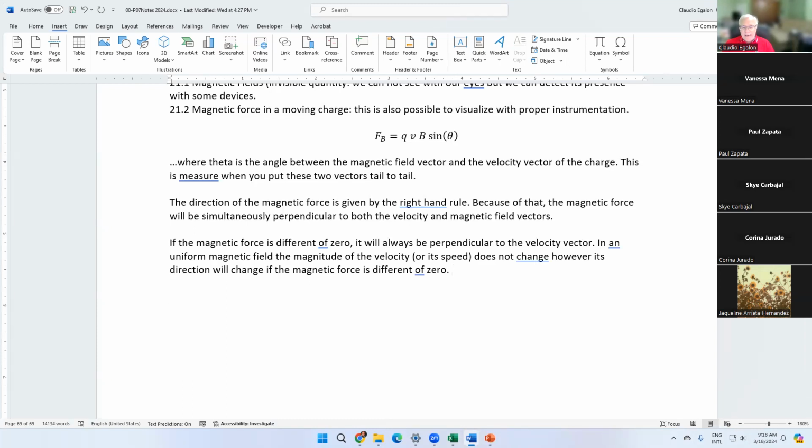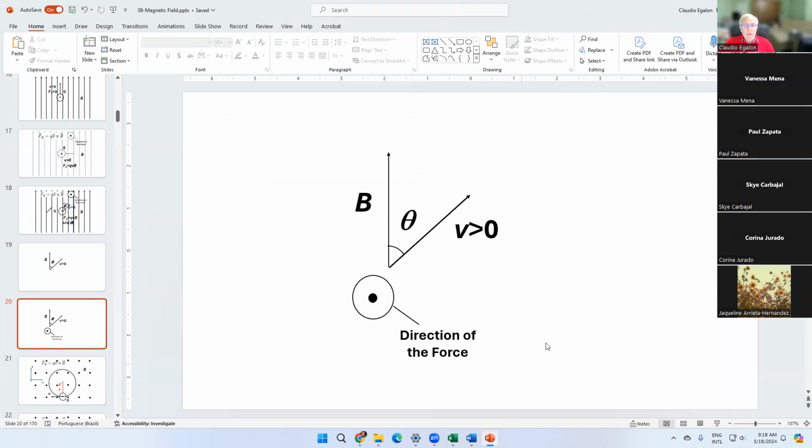And what happens to the direction of the velocity vector in a uniform B field? So now we have an interesting situation. You already know that the direction of the force is perpendicular. Let's look at this one here.